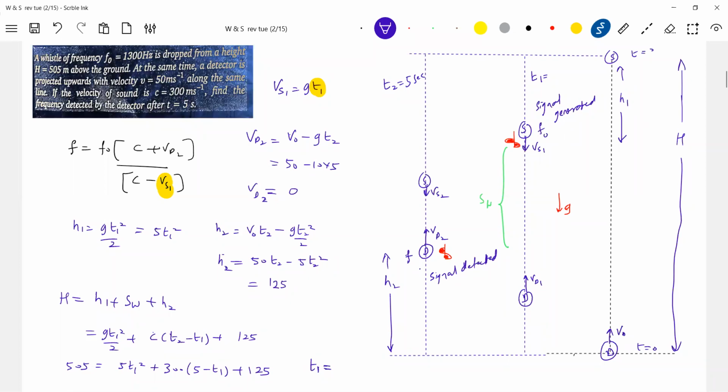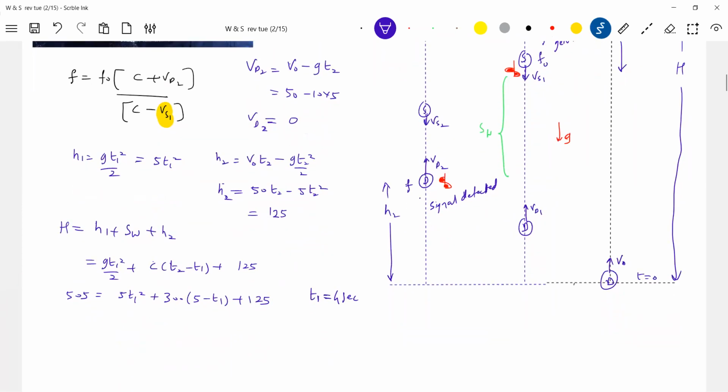Okay, anybody? 4, okay, good. Now this value I'm going to substitute here, and I'll get the apparent frequency detected by the detector.